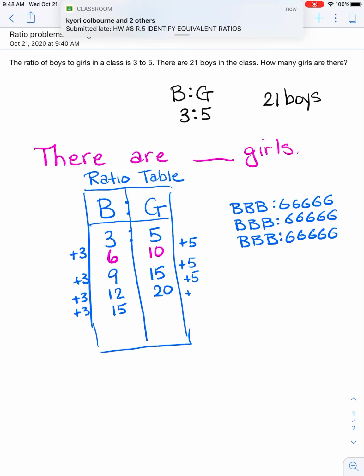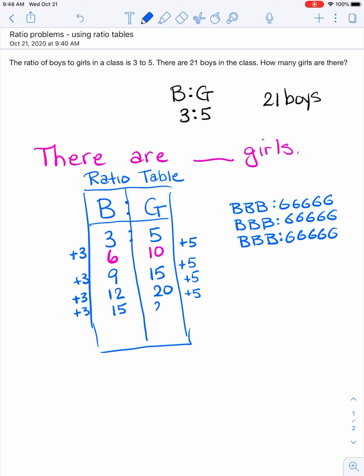Another 3 gives me 15, another 5 girls gives me 25 girls. Another 3 gives me 18 boys, and another 5, 30 girls. Another 3 finally brings me to 21 boys, and another 5 gives me 35.